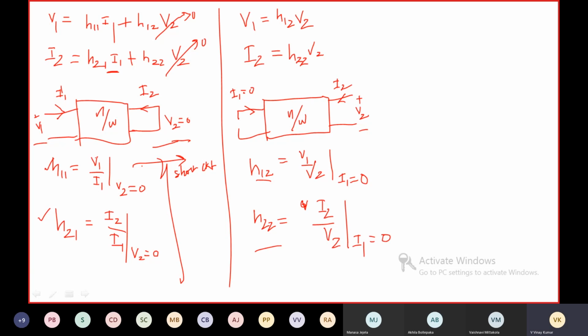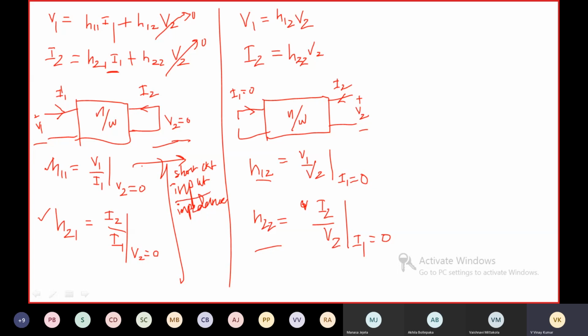What is the ratio? It is the ratio of voltage to current, right? Short circuit input impedance. Impedance is measured in ohms. Admittance is measured in Siemens or mhos.